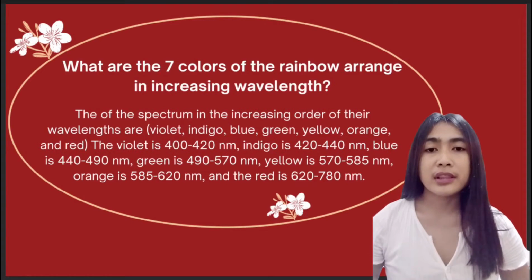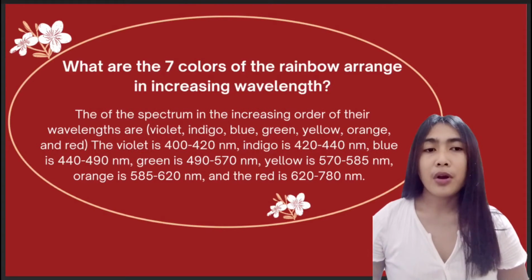So the violet is 400 to 420 nm, indigo is 420 to 440 nm, blue is 440 to 490 nm, green is 490 to 570 nm, yellow is 570 to 585 nm, orange is 585 to 620 nm, and red is 620 to 780 nm.